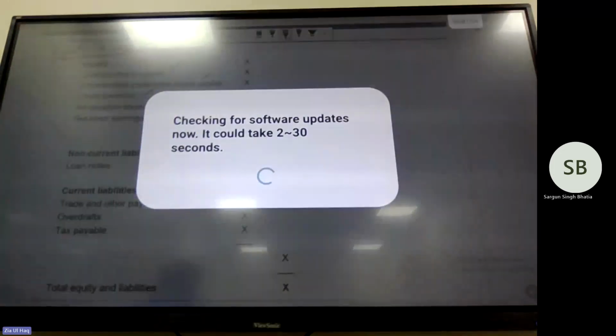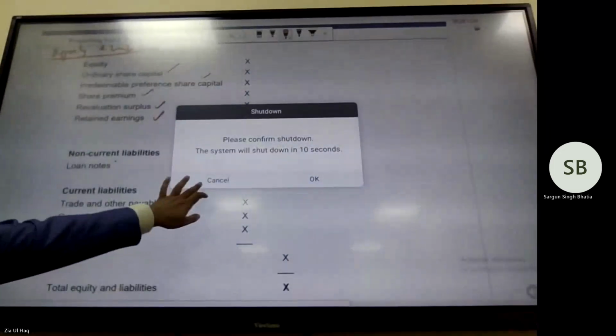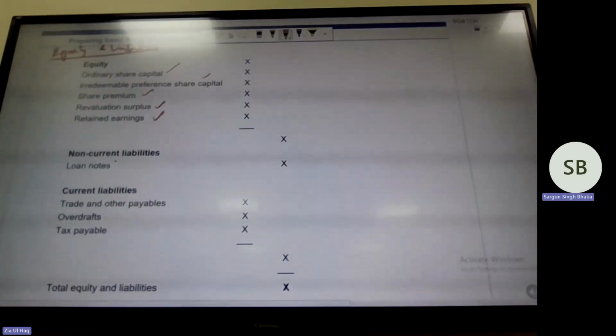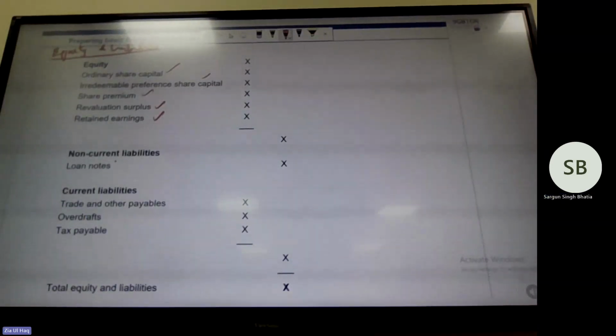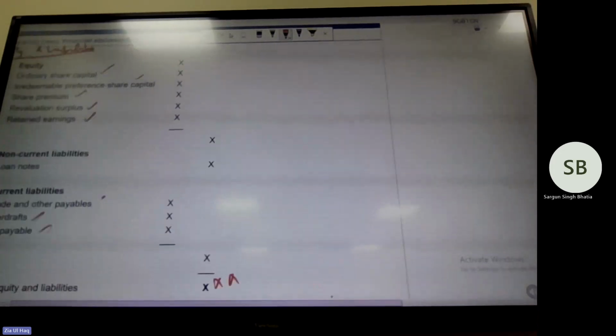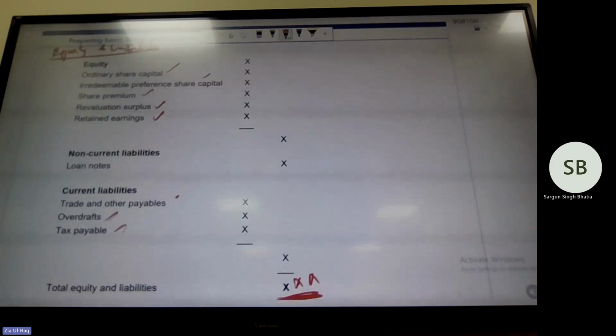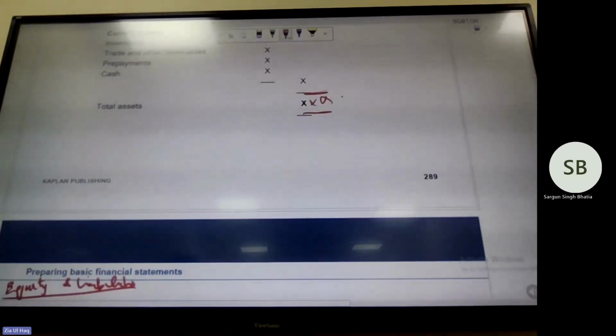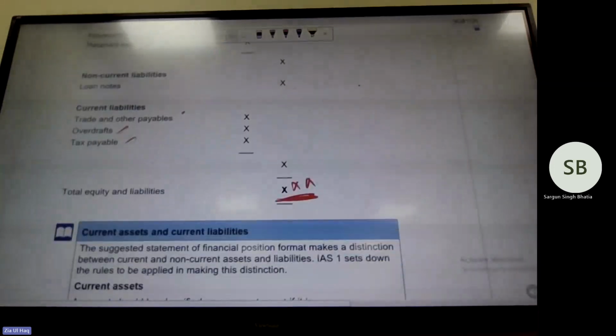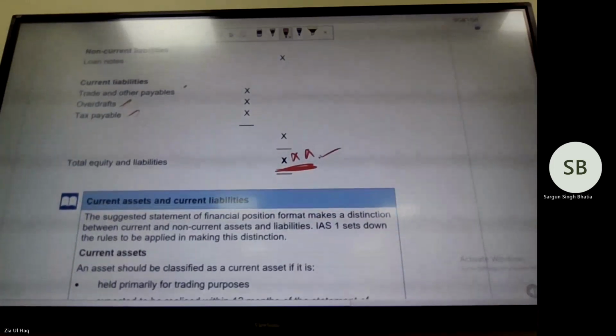Then we will record non-current liabilities, like loan, debentures. Then we will record current liabilities like trade payables, overdraft, tax payable, and their total. And this is the total for equity and liabilities that should be equal to the total assets. These 2 figures should tally with each other.